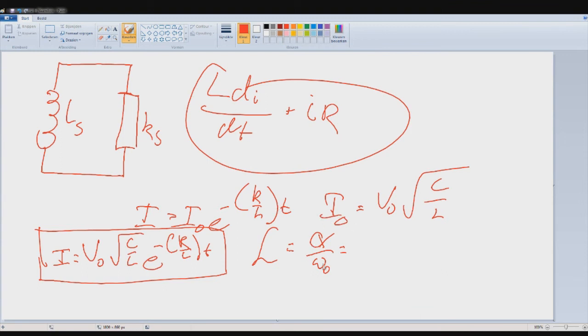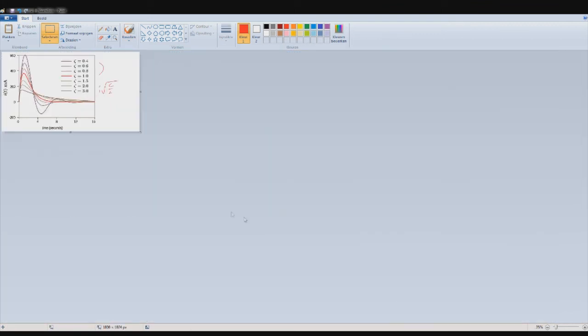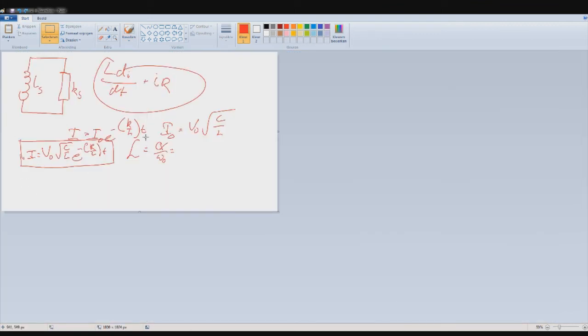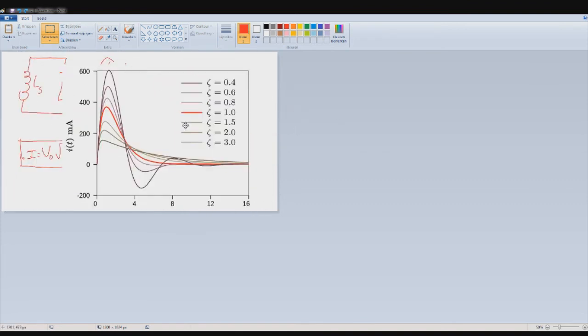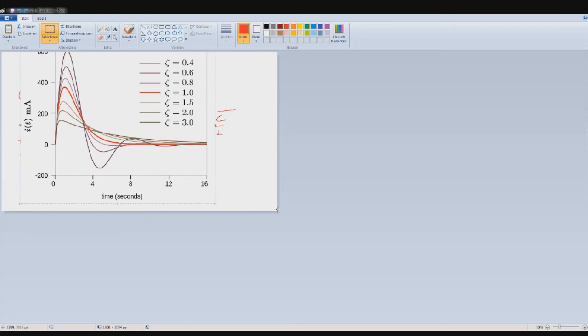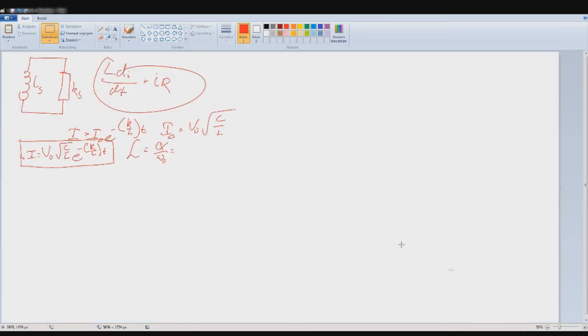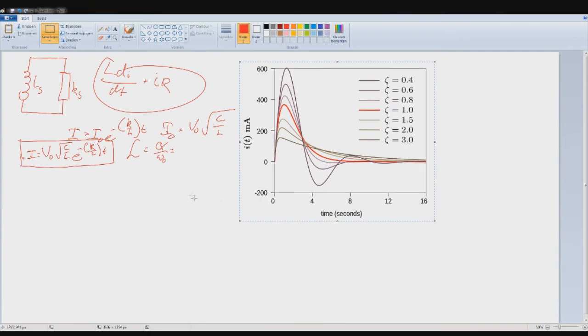It looks like this. Where can I put it? Enlarge this, put it over here. As you can see, this number over here, or well, this ratio, which was R over 2L and 1 over LC.